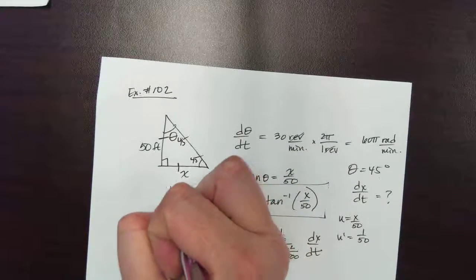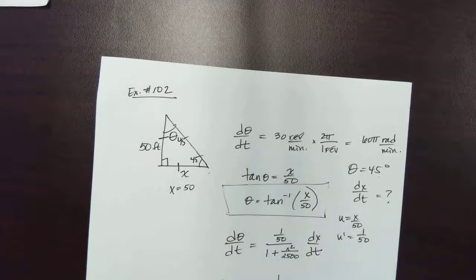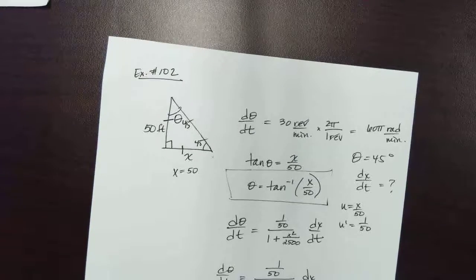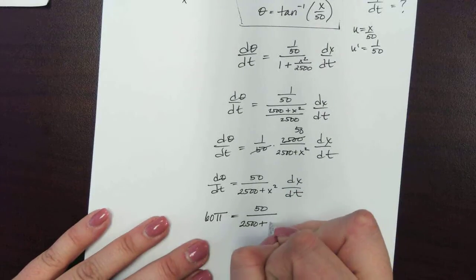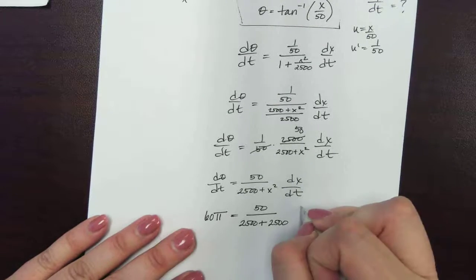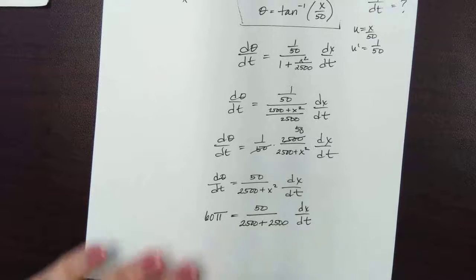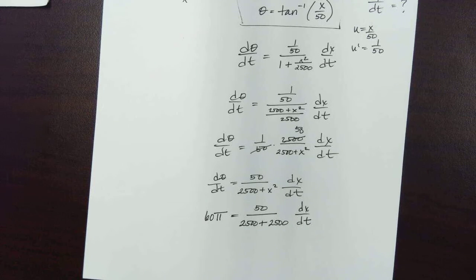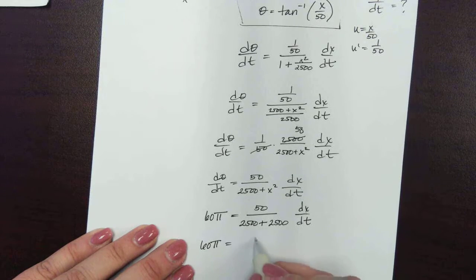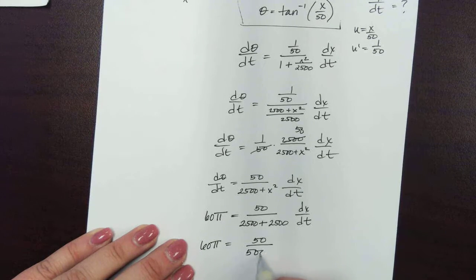So x equals 50, a 45, 45, 90 triangle. So I know that x is 50, so this is 2,500, or 50 squared, times dx dt. Okay? So now I have 60 pi equals 50 over 5,000 dx dt.